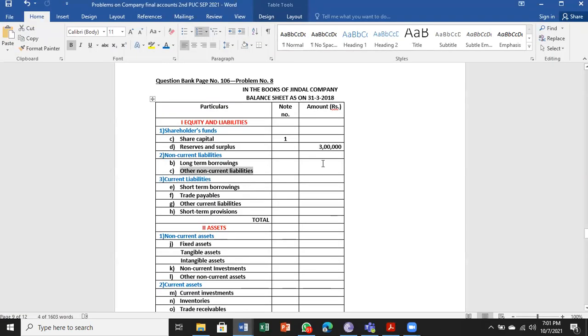So let me write that one over here. Under non-current liabilities, there are 2. One is long-term borrowing, other one is other non-current liabilities. So I have taken that amount over here.